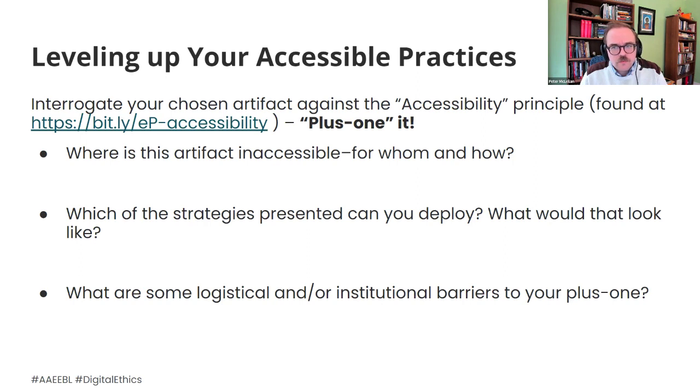When you're looking at this particular artifact, try to find places where it's inaccessible, and also to make notes for whom and how it's inaccessible. Then take a look at some of the strategies presented that you can deploy, and think about what that would look like with this particular artifact.